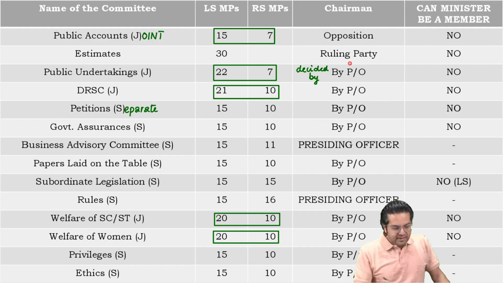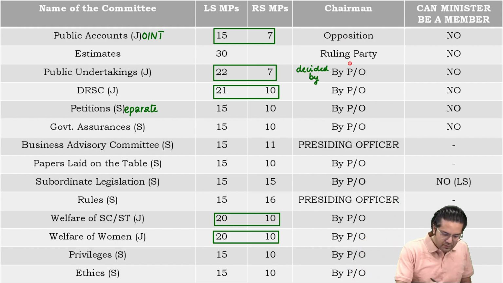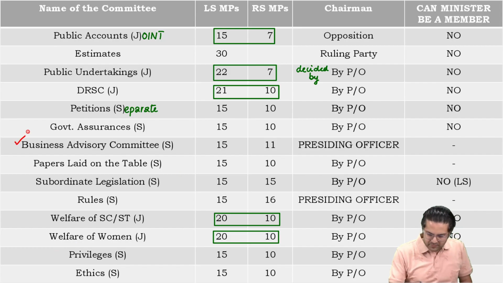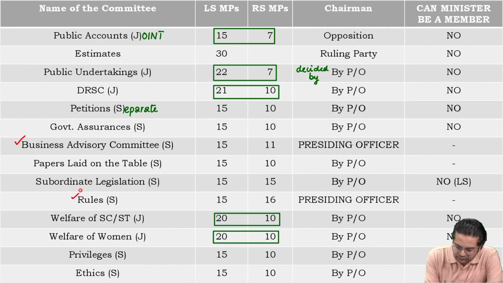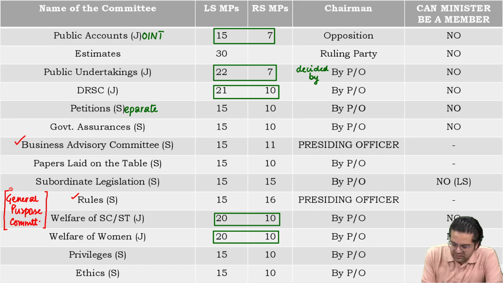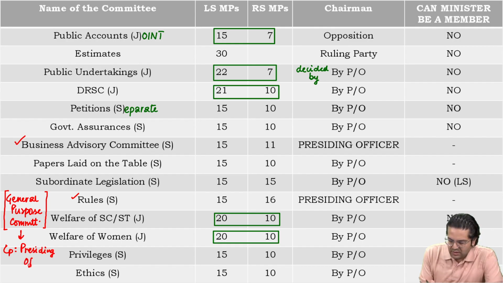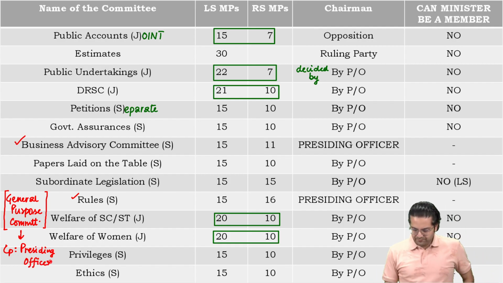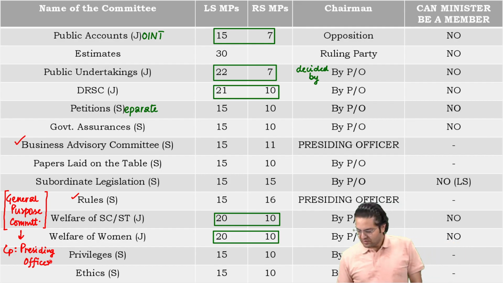And in some committees, like the Business Advisory Committee, like the Rules Committee, and also one more committee, General Purpose Committee, in all these three committees, the chairman is the presiding officer of the house, not chosen by he or she himself or herself, is the presiding officer. Clear?